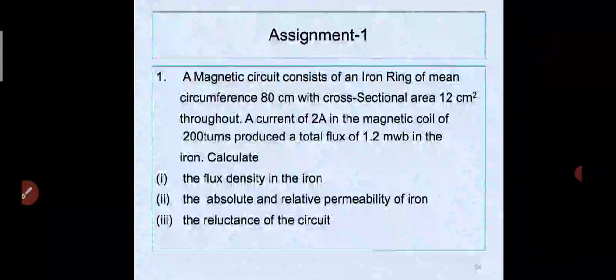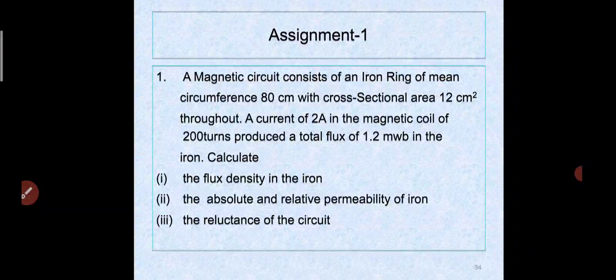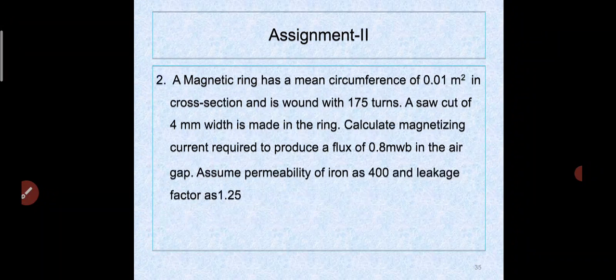Calculate the flux density in the iron path, the absolute and relative permeability of iron, and the reluctance of the circuit. Solve this problem.